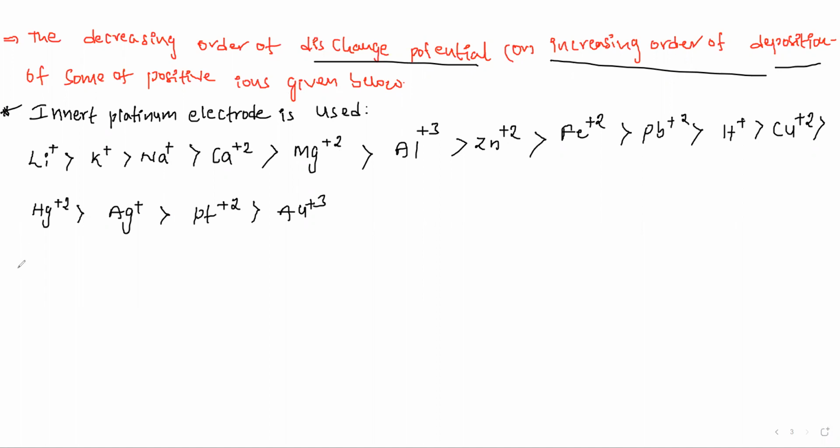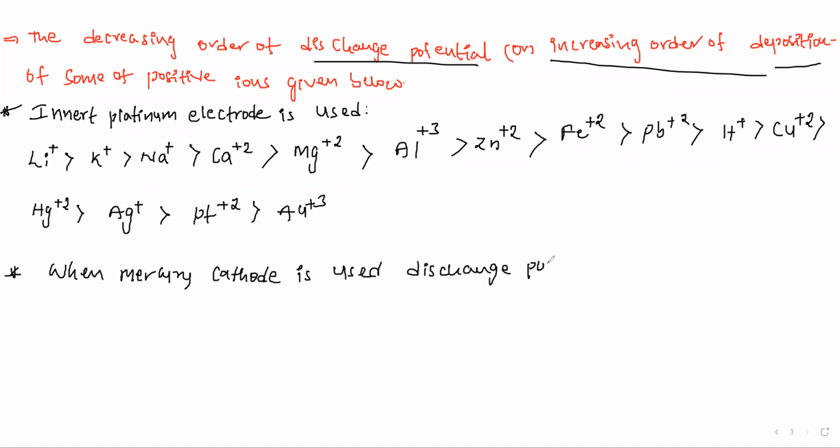Now one more here. When mercury cathode is used, the discharge potential order is H plus is greater than Na plus.